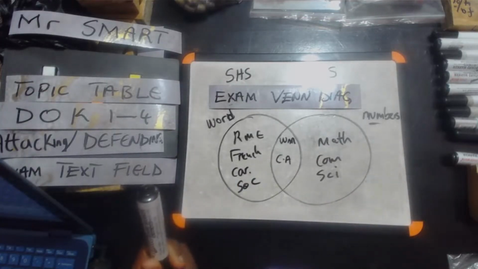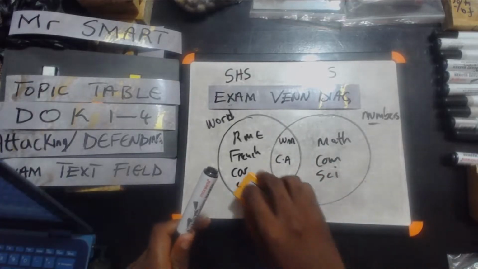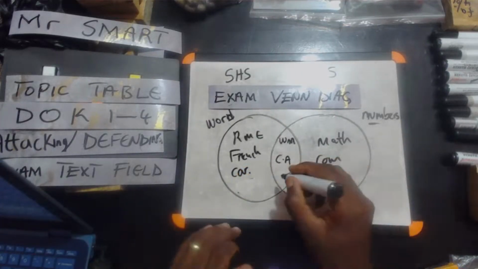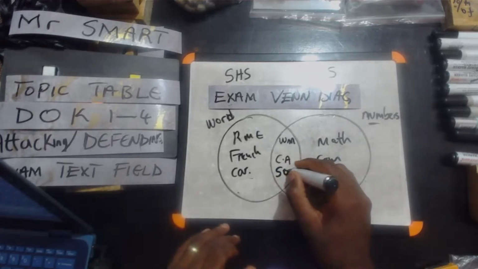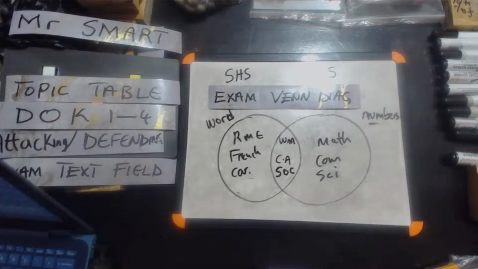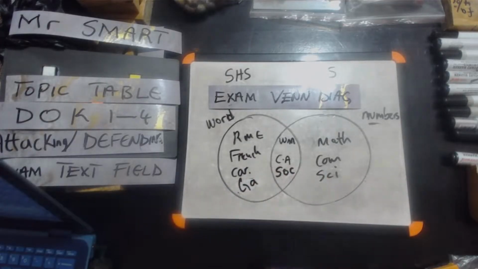And then, okay, social studies, I gathered from some of your friends that it is a mixture of words and number too. So let's put social studies. Social studies here contains a bit of geography, map scaling, and all that. So let's put it here. That's for the JHS students. There's also GA. Let's put GA here.